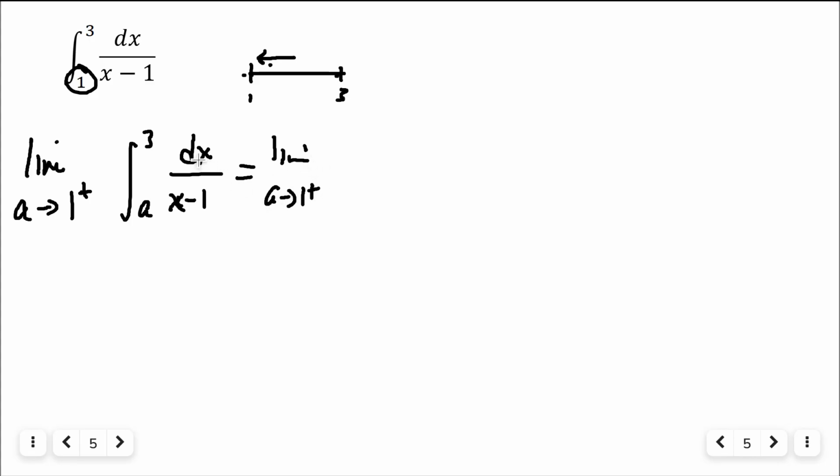We can use substitution on this. U would have to be x minus 1. Du would be dx. It would be a straight substitution. So we would end up with du over u, right? And then we could just integrate this thing. It's going to be the natural log of the absolute value of u, but u is x minus 1.